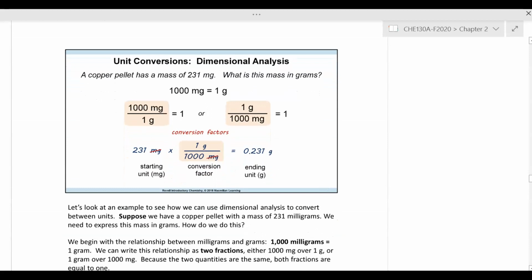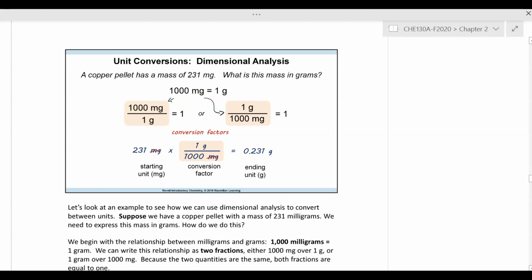So if we're trying to do this sort of conversion going from 231 milligrams to grams, the fact that 1,000 milligrams are 1 gram, which we get from the definition of the prefix milli, gives us 2 conversion factors. We've got the one with 1,000 milligrams on the top and the other one with 1,000 milligrams on the bottom and 1 gram on the top.